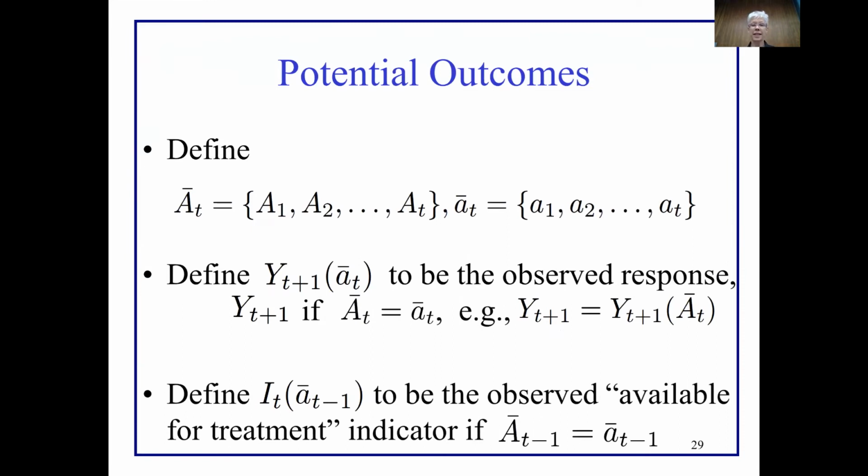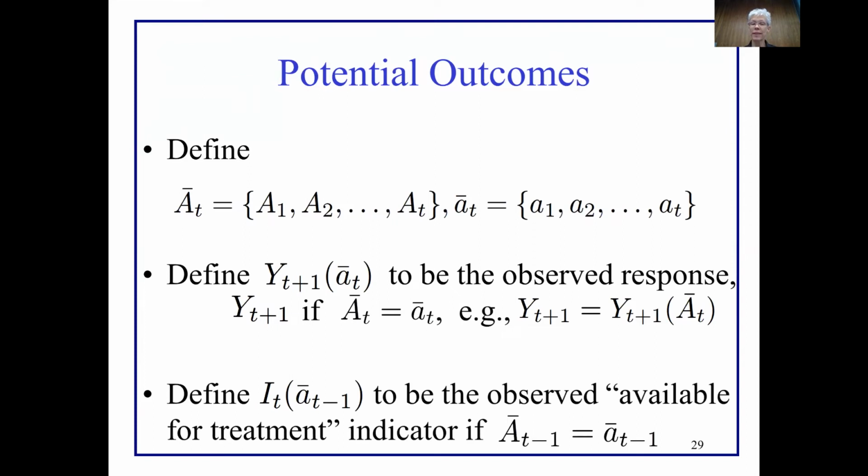Oh man, this is a technical slide. So what I'm doing is using potential outcomes because I want to be very precise about what this time-varying main effect is. Capital A's mean randomized treatments, they're binary in our case, and lowercase a means a realization.